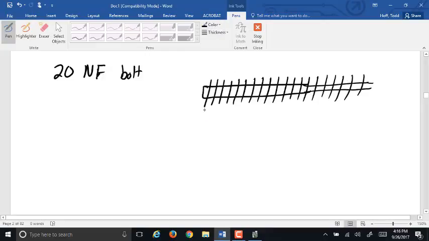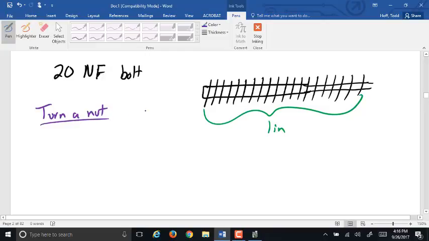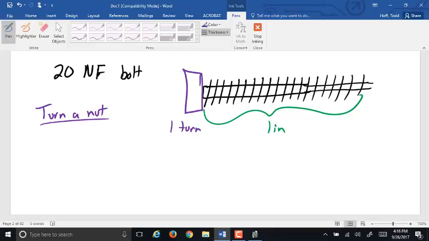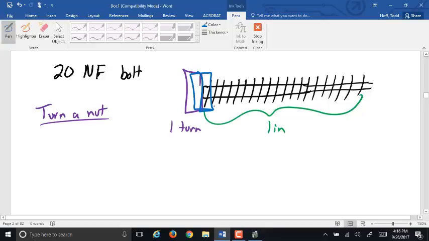That would be 20 threads in a 1-inch space. If I turn a nut onto that bolt, if I turn it 1 turn, it's going to advance. If I start it here and I turn that nut 1 turn, it's going to advance 1 thread.